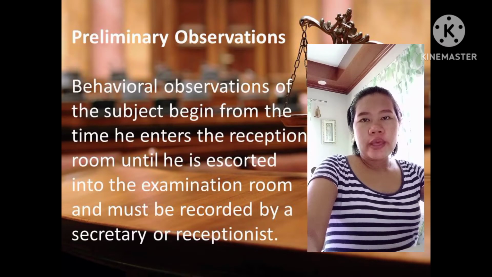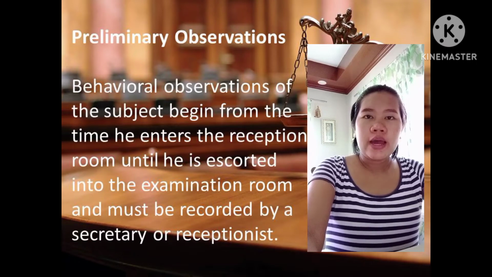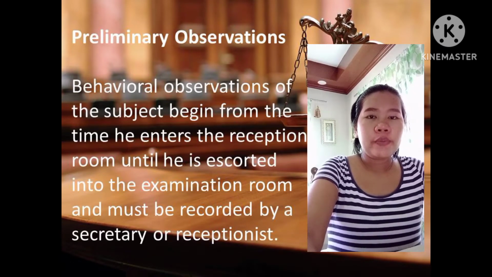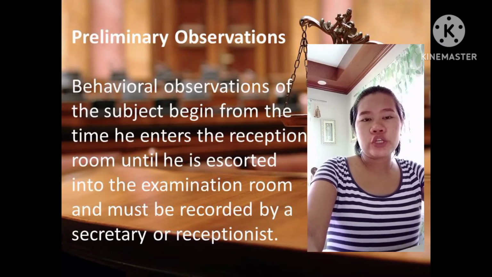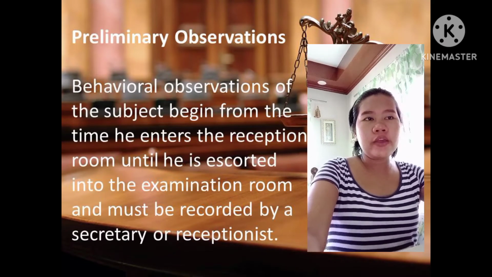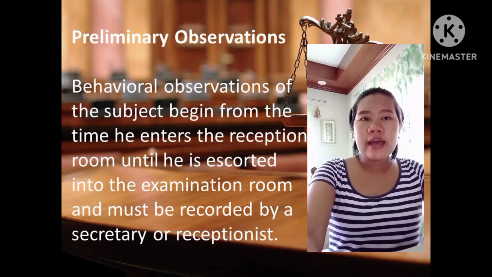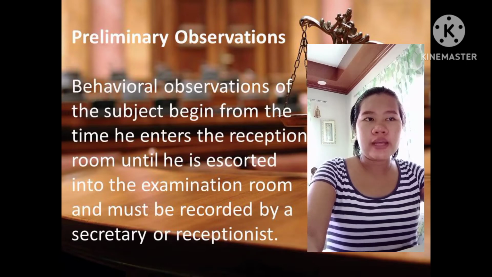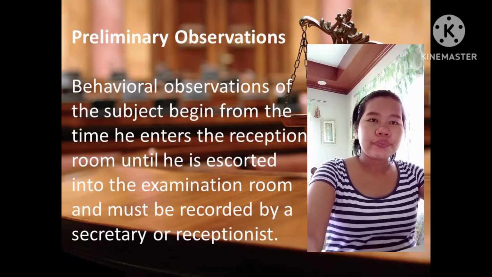So, under phase 1, preliminary preparation, we have preliminary observation. This is about the behavioral observation of the subject from the time he enters the reception room until he is escorted into the examination room, and must be recorded by a secretary or receptionist.